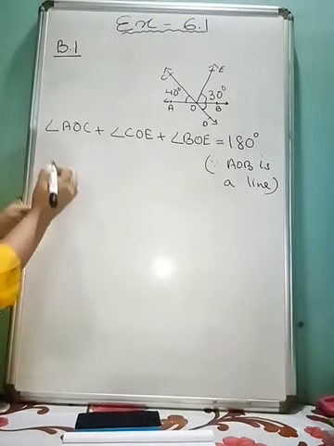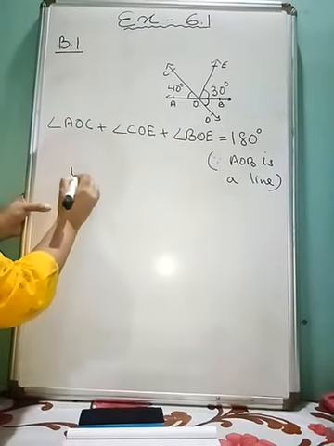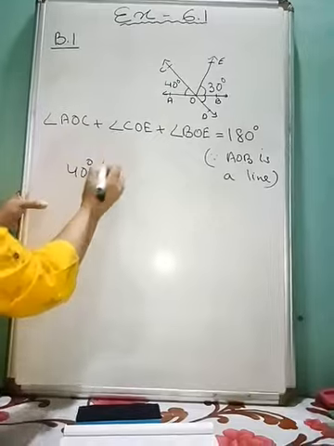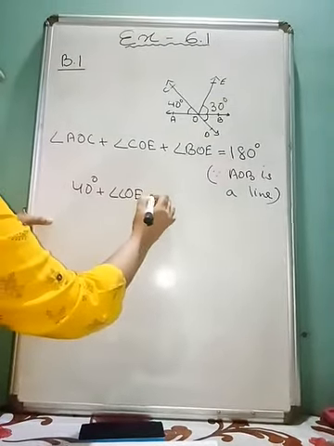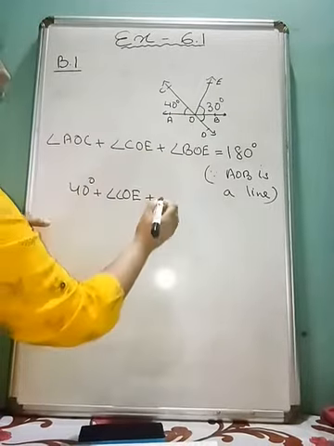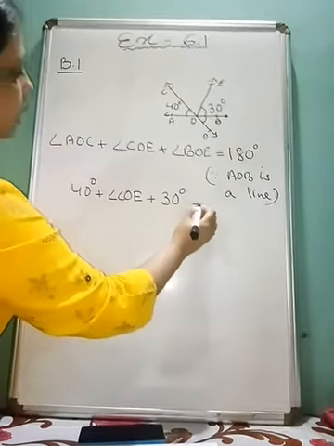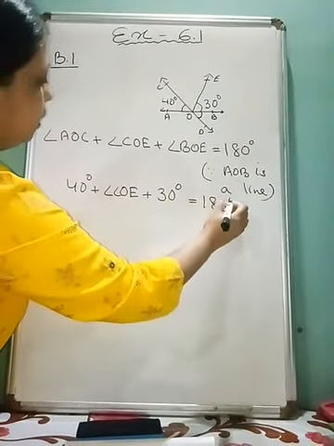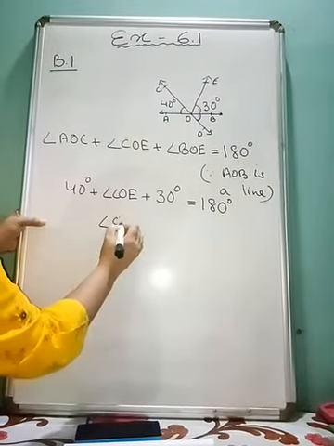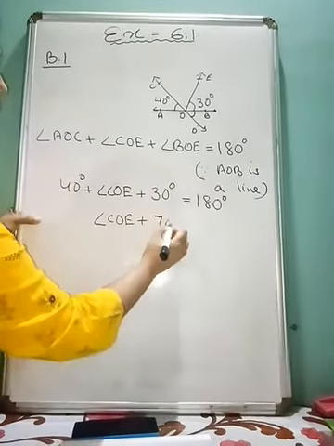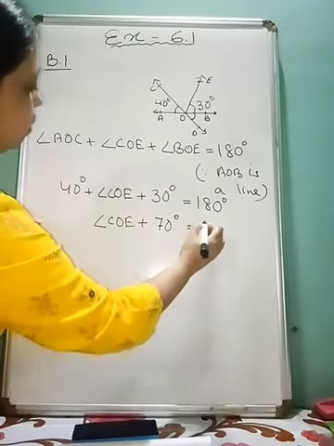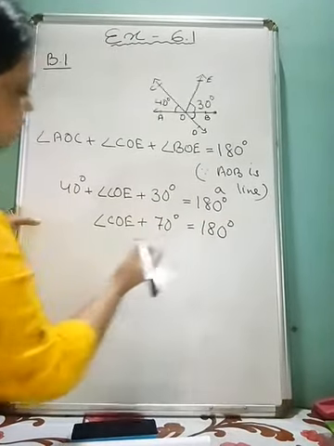Next, we know what is AOC. AOC is 40 degree. So 40 degree plus COE, we have to find out COE, plus BOE. BOE is 30 degree. So that is equal to 180 degree. Now COE plus 40 plus 30 will give us 70 degree is equal to 180 degree.